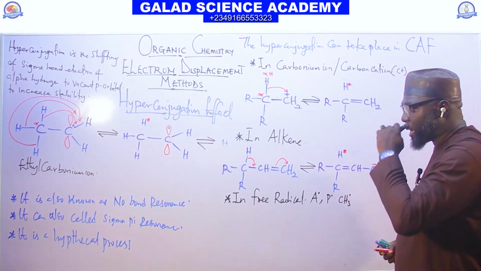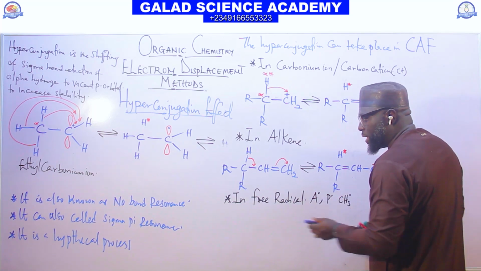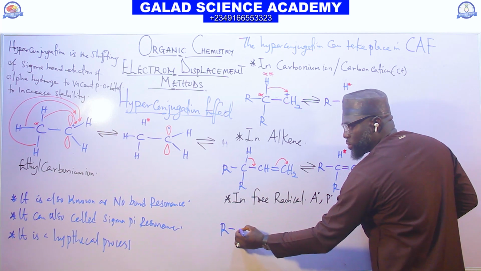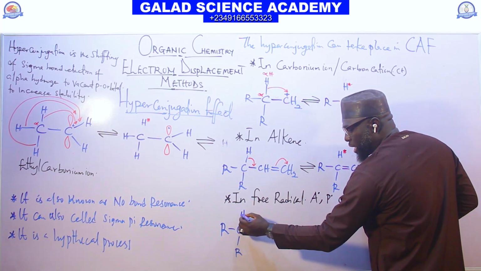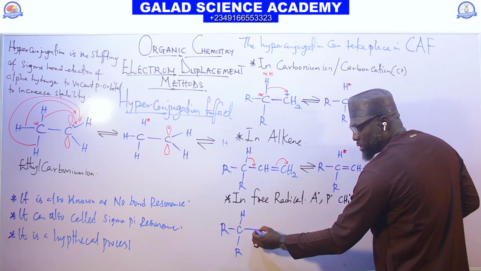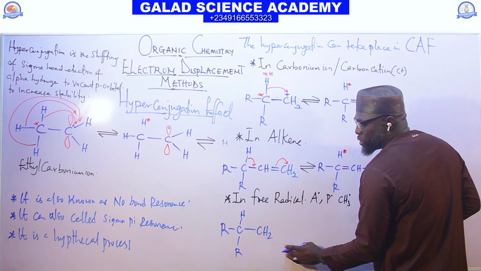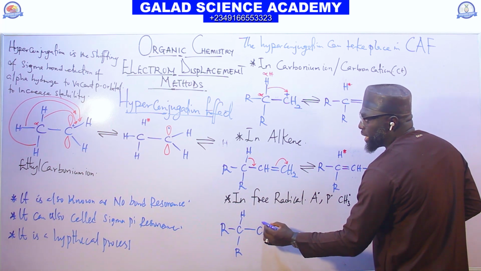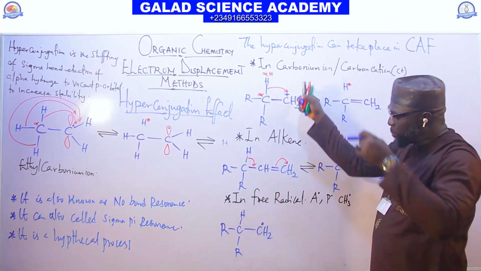So let's check this free radical. We can have a compound like this, R-CH2 with an H bonded here, and we have a radical here. Can you see it? Instead of a plus, we have a dot.